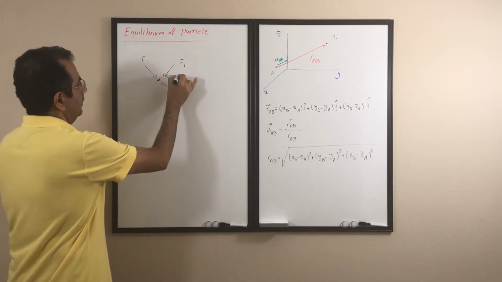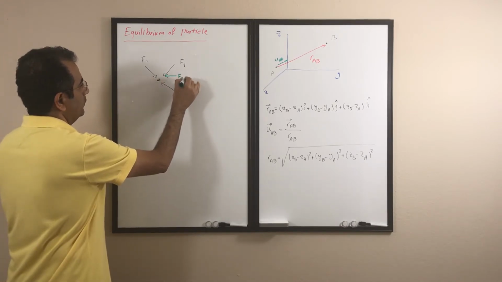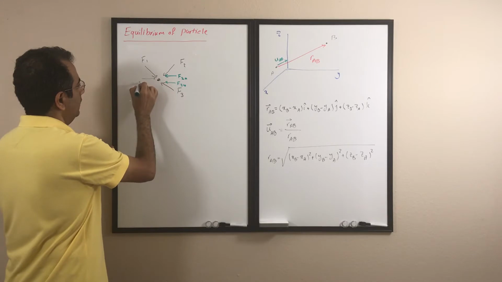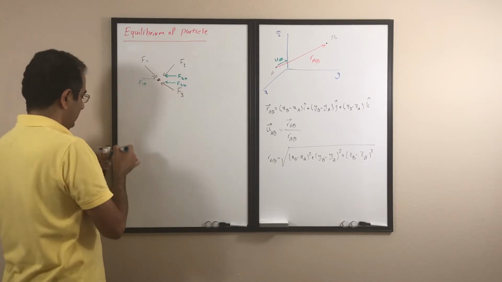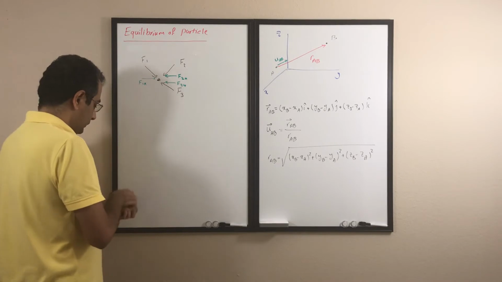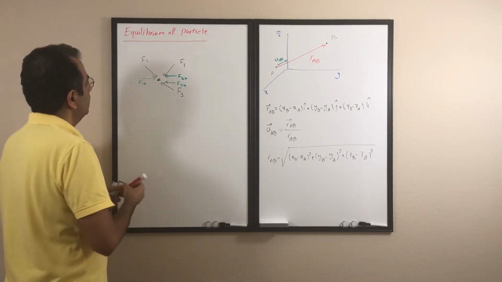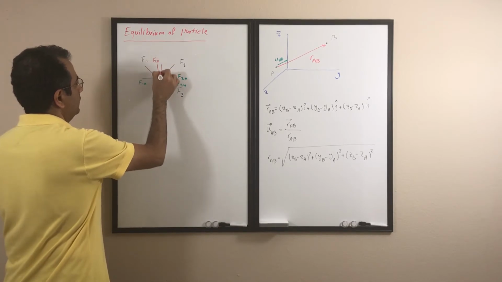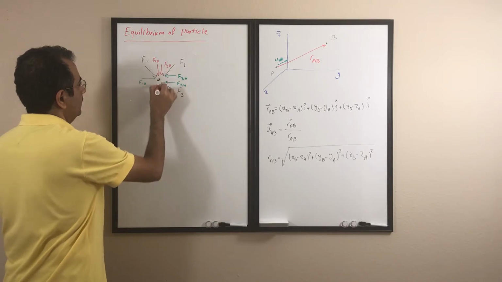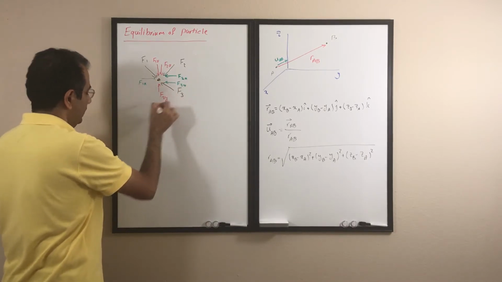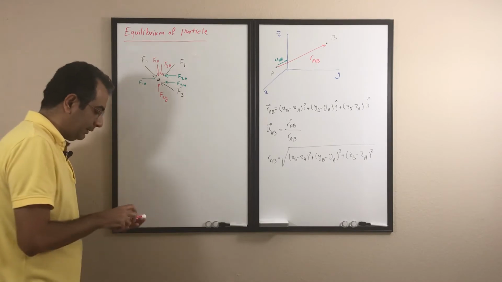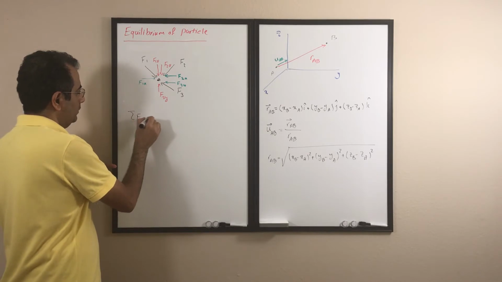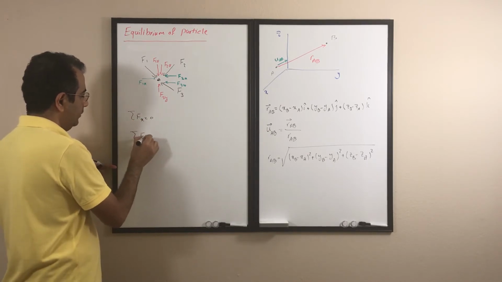Find all the forces in x: it's the f1x, f2x, f3x, and then all the forces in the y direction: f1y, f2y, f3y. And after we have all the forces in the x and y direction, simply write sigma fx is 0 and sigma fy is 0.